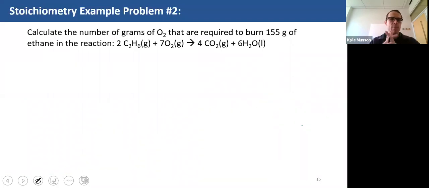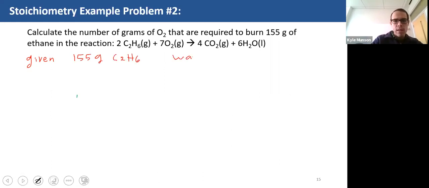Here's another example. Calculate the number of grams of O2 that is required to burn 155 grams of ethane in the reaction. In this case, it gave us the reaction. Again, write down what's given: 155 grams of C2H6. I want grams of O2.